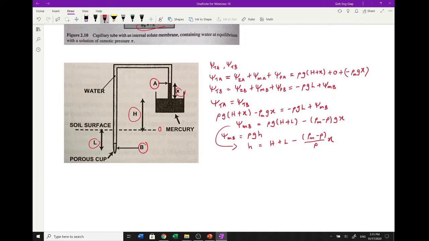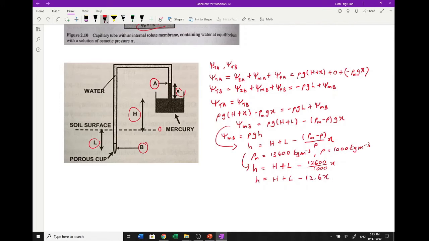We know that rho M is 13,600 kilograms per meter cubed, and rho is 1000 kilograms per meter cubed. So in this case h is H plus L minus 12,600 over 1000 times X. So we can write it as H plus L minus 12.6 X.